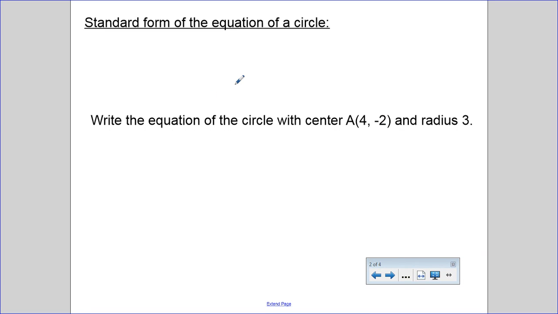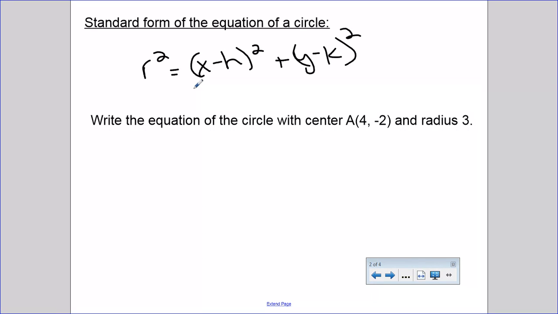So again, the standard form of the equation of a circle is r squared equals (x minus h) squared plus (y minus k) squared. And what does that tell you? It tells you that r is the radius and that h and k are the center of the circle.